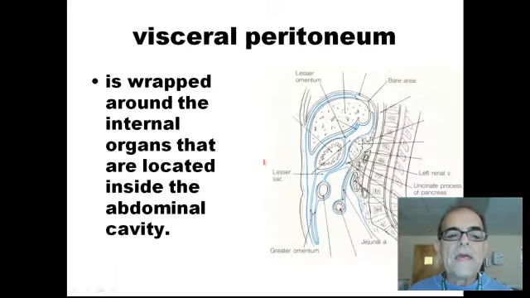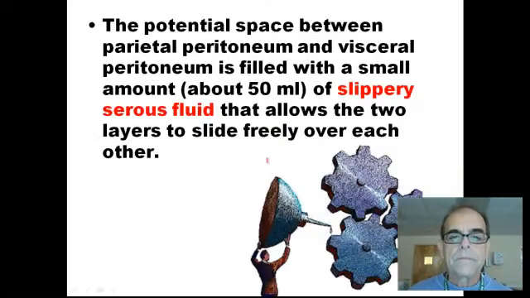Visceral peritoneum is wrapped around the internal organs. The potential space between the parietal peritoneum and the visceral peritoneum is filled with a small quantity of fluid. It's called serous fluid.